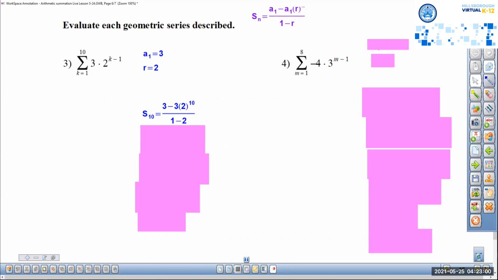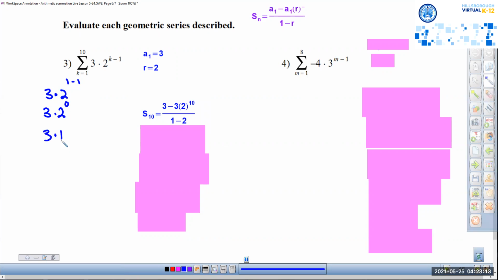Now, if you want to plug the 1 in to make sure, 3 times 2 to the 1 minus 1, well, 1 minus 1 is 0, and anything to the 0 power is 1, and 3 times 1 is 3. So that's always going to be your a sub 1, and this is your r. And 10 terms. So s sub 10, 3 minus 3 times 2 to the 10th, all over 1 minus 2.